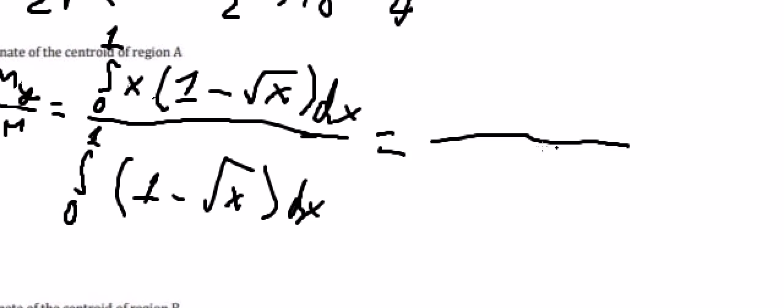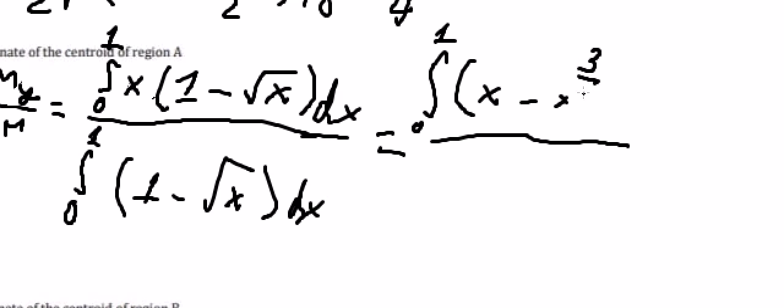So we multiply s with number 1 and square root of s. S to the power of 3 over 2 ds, and we have the integral from 0 to 1.